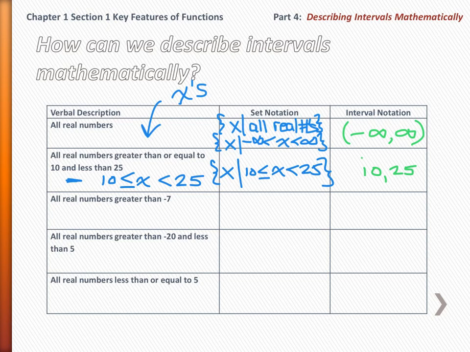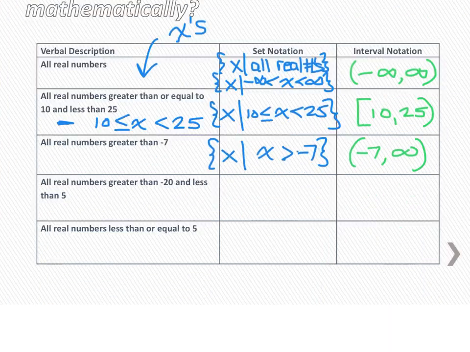We can be equal to 10, so we're going to close that with a bracket, and we are less than 25 but not equal to 25, so that would use a parentheses. Next example, all real numbers greater than negative 7, so we have all values of x such that x is greater than negative 7. Close our set. And in interval notation, negative 7 is our min. It is non-terminating, so our maximum would be infinity. We are not equal to negative 7, so that's going to be an open, and infinity is an open.